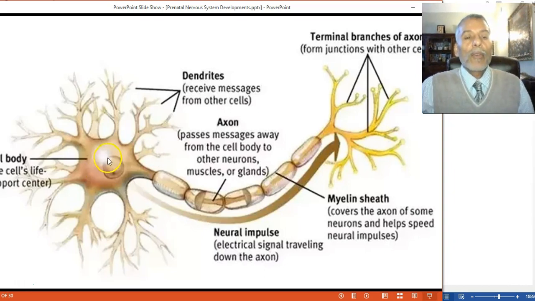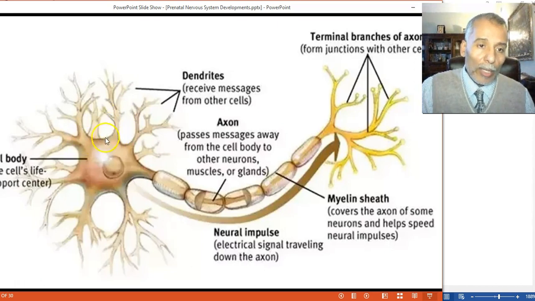A neuron will have a cell body. That cell body has a nucleus, which of course has the DNA, and it also has organelles that produce little structures to maintain the cell and to copy the DNA. So, the cell body, the soma.